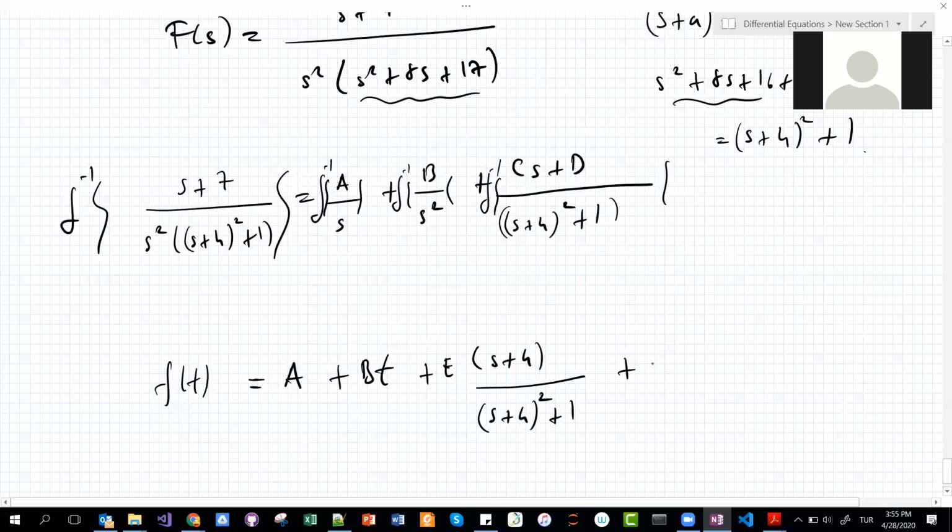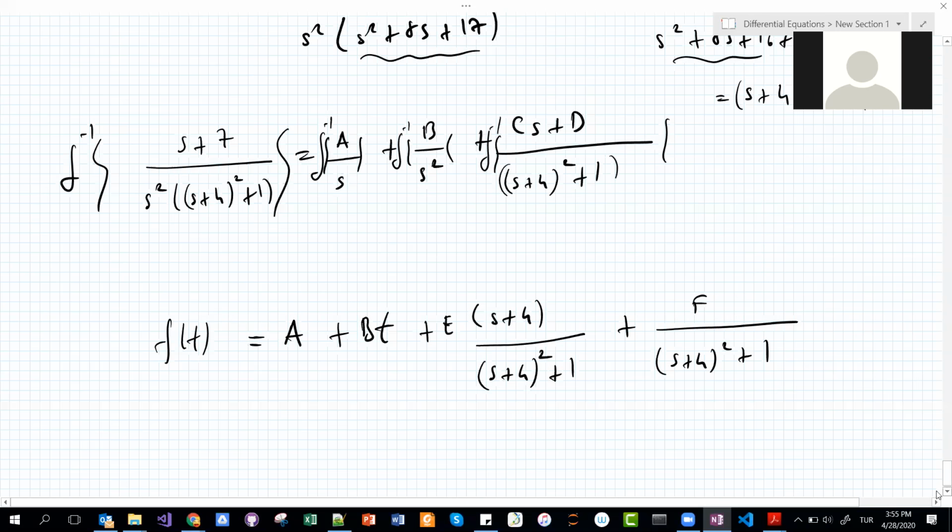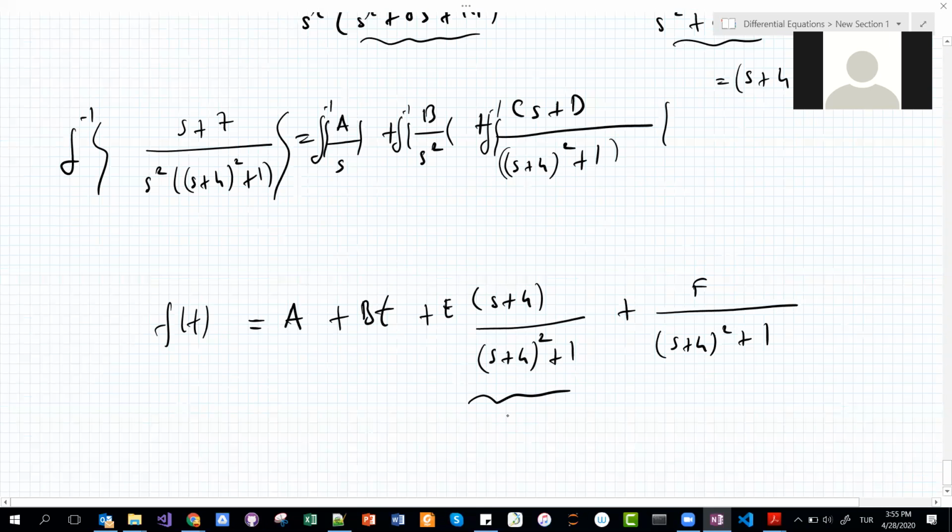And of course, you are going to have another coefficient here, not D, F, over S plus 4 squared plus 1. Why do I do that? Since I know from the table, look at that, this part will correspond to e to the negative 4t cosine t type of transformation, and this part is going to correspond to e to the negative 4t times sine t transformation.